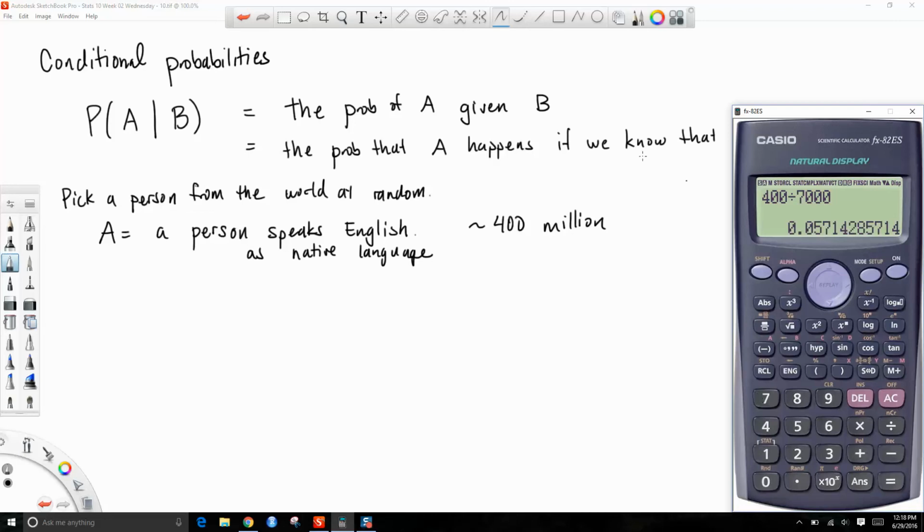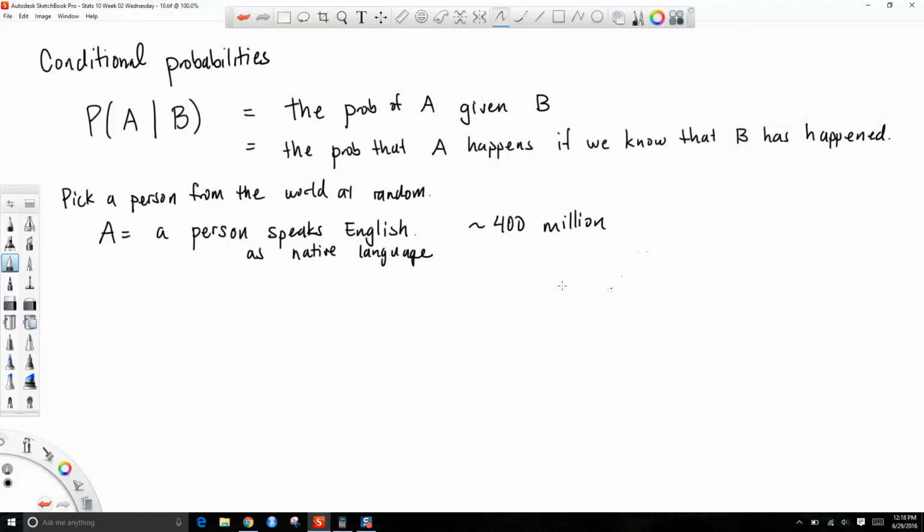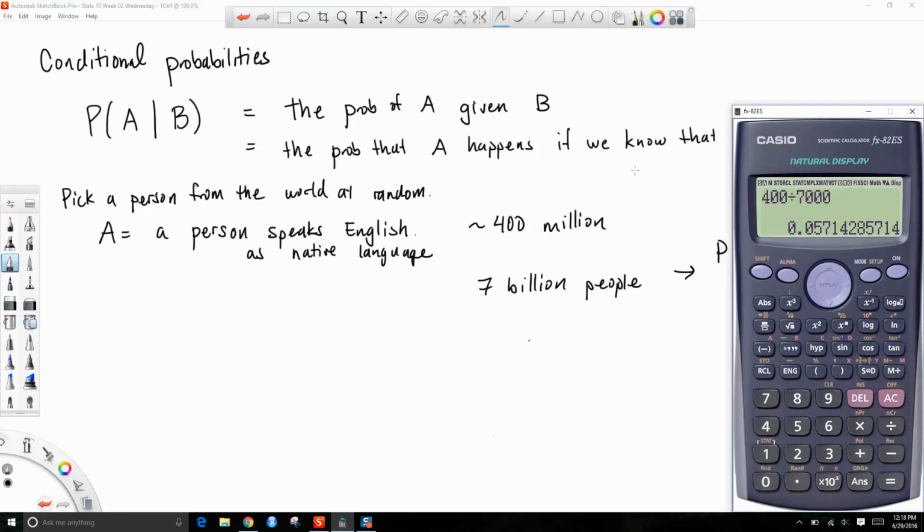If we pick someone at random in the world, we would get about 0.057. Okay, this is the probability of A happening.